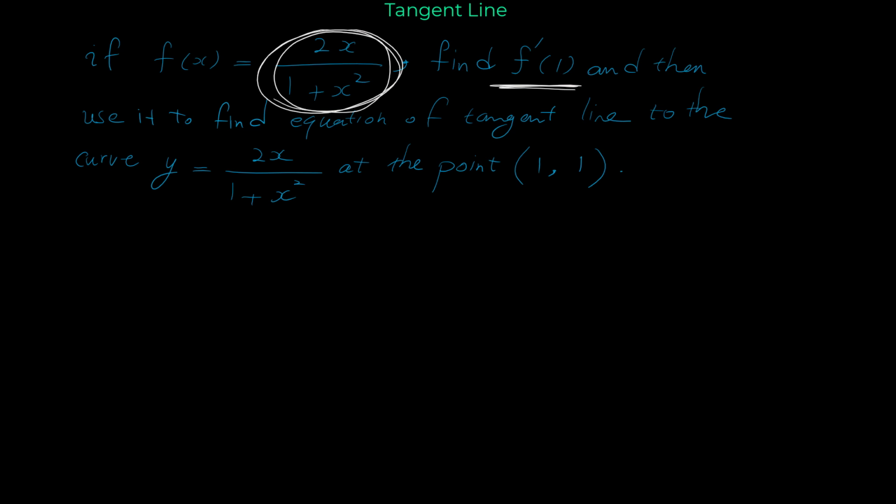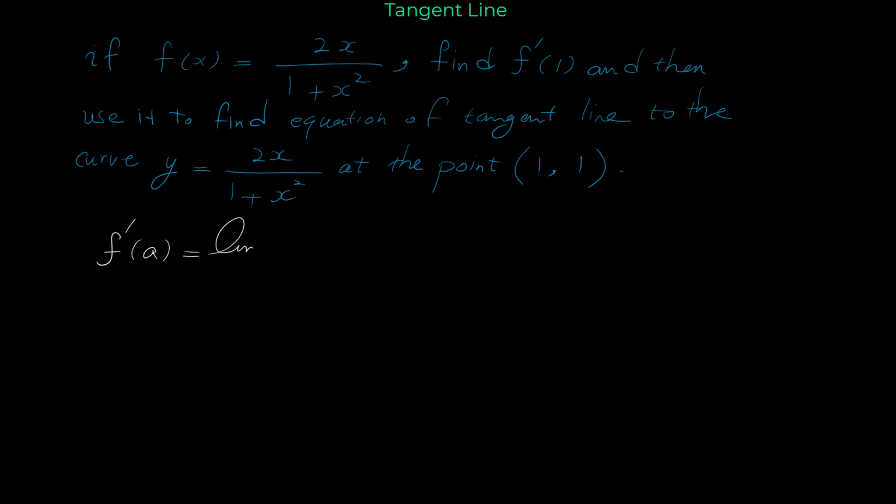For finding f prime of 1, or f prime of a in general, we have two formulas. F prime of a equals limit of f of x minus f of a over x minus a as x approaches a.